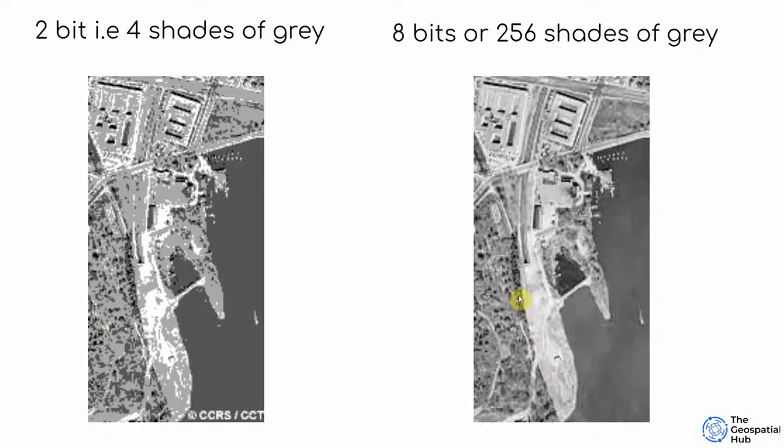So now I can clearly see, okay, this is the forest. Now I can clearly see this is the footpath. So the 8-bit image is showing us more features compared to the 2-bit. So radiometric resolution is basically the ability of a sensor to distinguish between grayscale values while acquiring images.